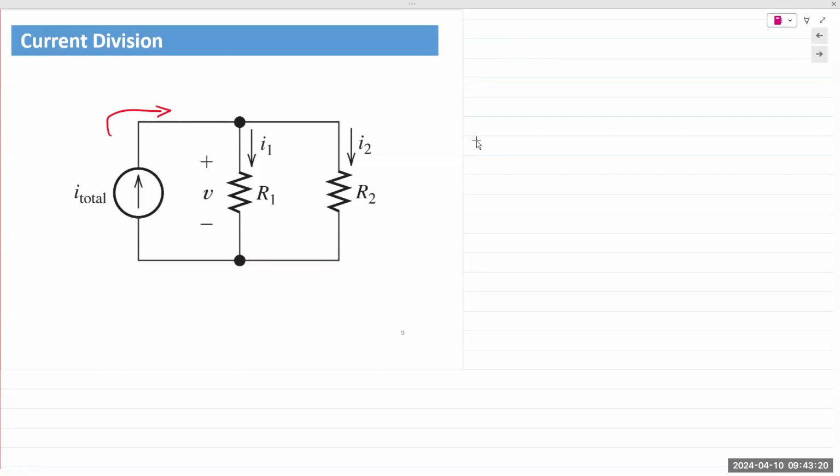Yes. This is only for resistors for now, but when we get to AC analysis, we model inductors and capacitors as impedances, and you can apply current and voltage division for AC analysis also.